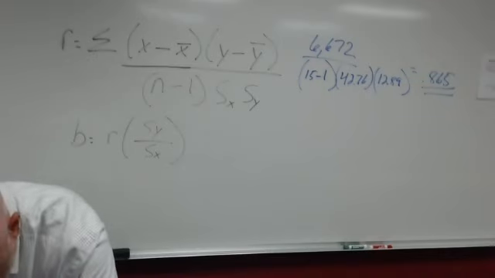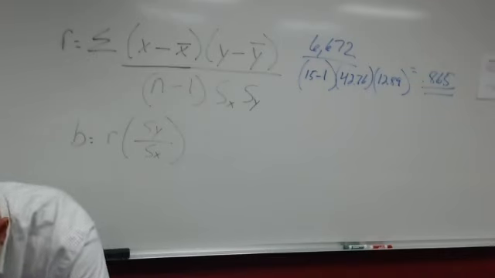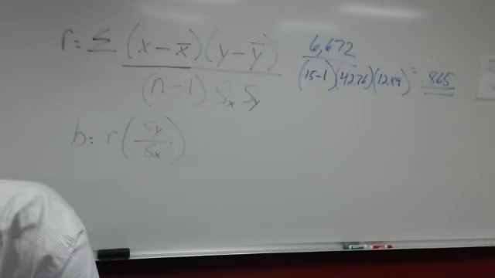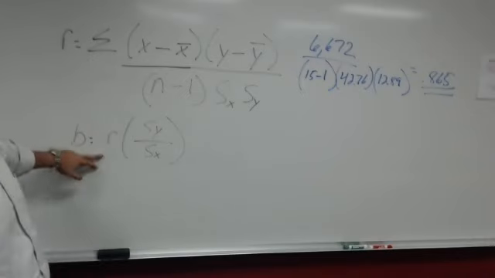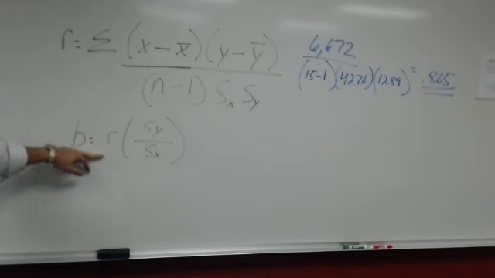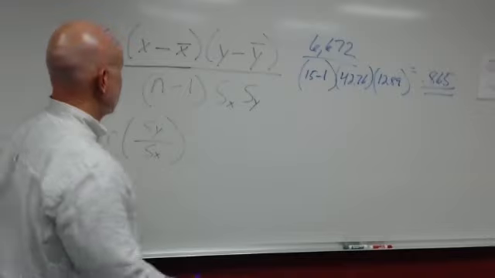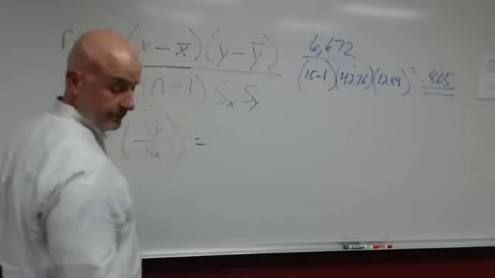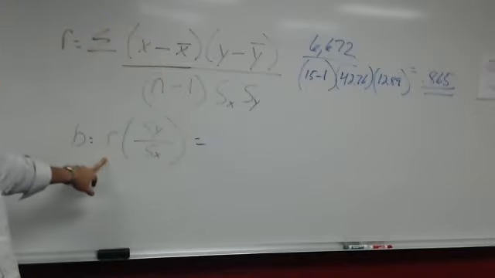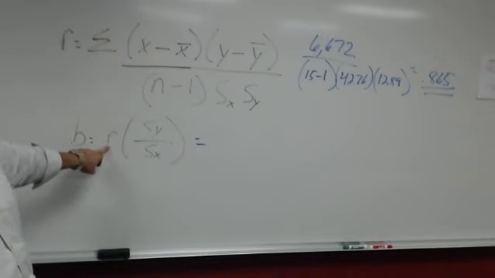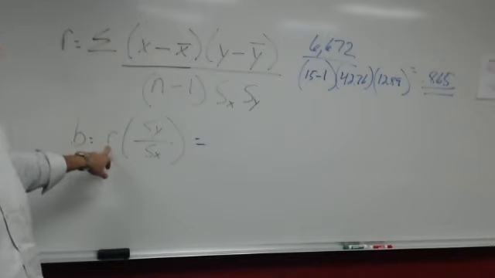Now we're going to calculate the slope of a regression line and a Y-intercept. Okay, so here's the slope. Let's solve for this. We just solved for 0.865.